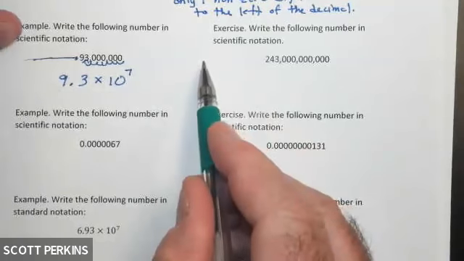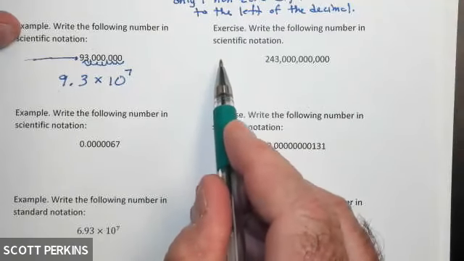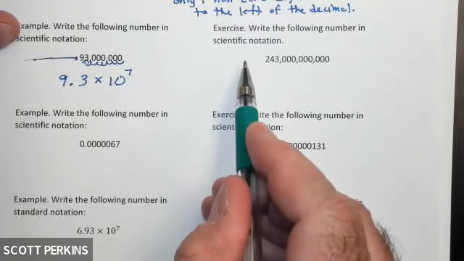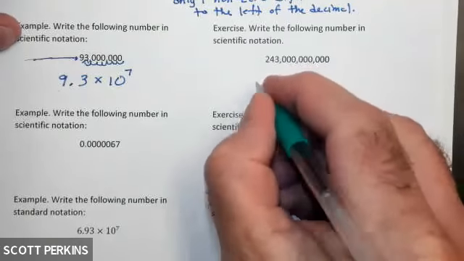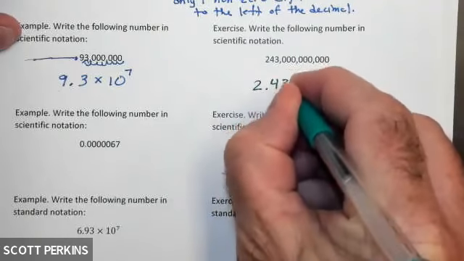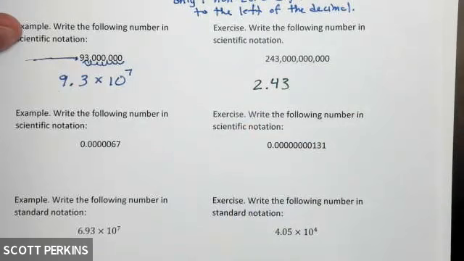So as I approach this number from the left, what is the first non-zero digit that I hit? 2. So my number part is going to be 2.43. Always just one non-zero digit to the left of the decimal.